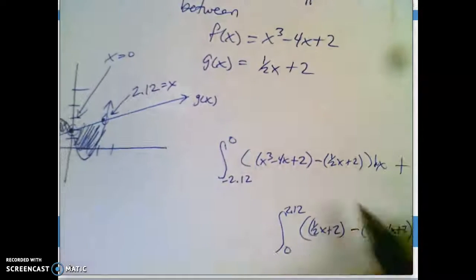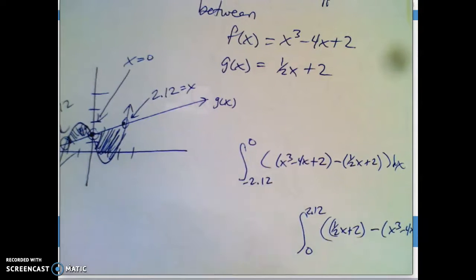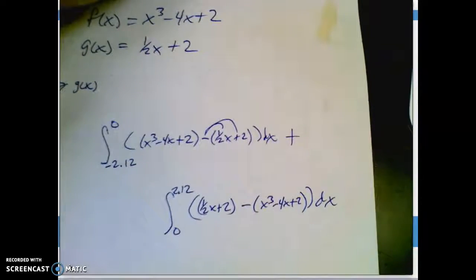Okay, so now it's a bunch of distributing and stuff. I'm going to write it over here. Negative 2.12 to 0, and if I do the distributing and combine like terms, I'll have a positive x to the third.